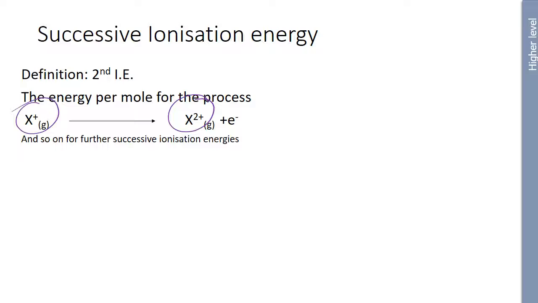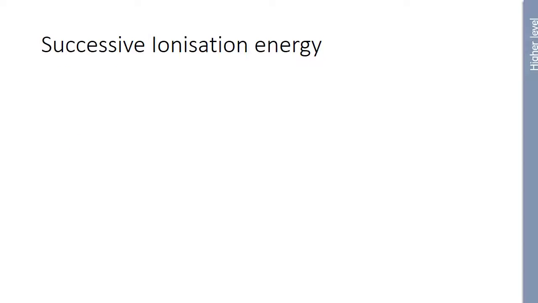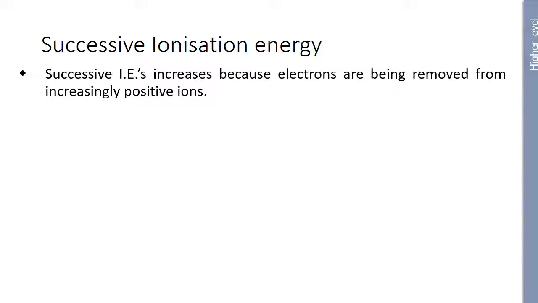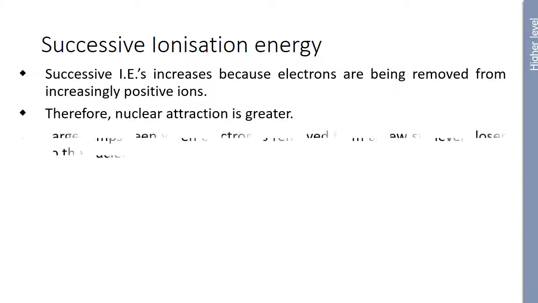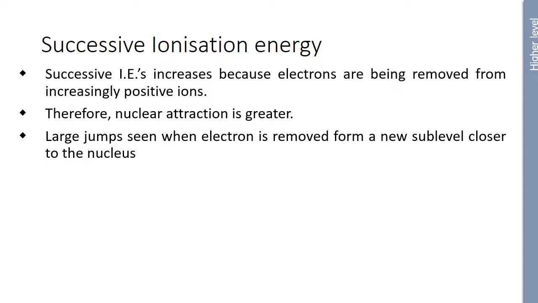And you can get the corresponding third and fourth ionization energies depending on the atom or ion. Successive ionization energies increase because electrons are being removed from increasingly positive ions. The number of protons stays the same while we're removing electrons. Therefore, nuclear attraction is greater, and large jumps can be seen when the electron is removed from a new sublevel.